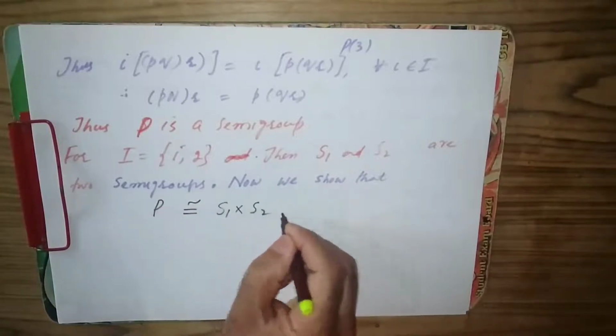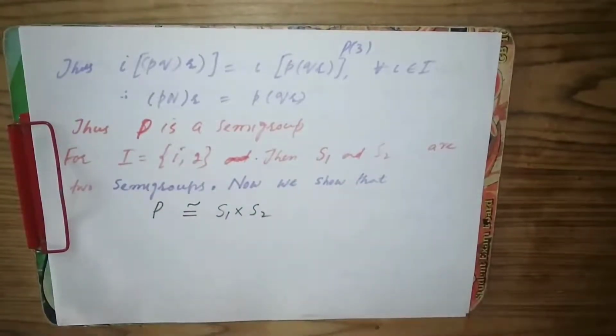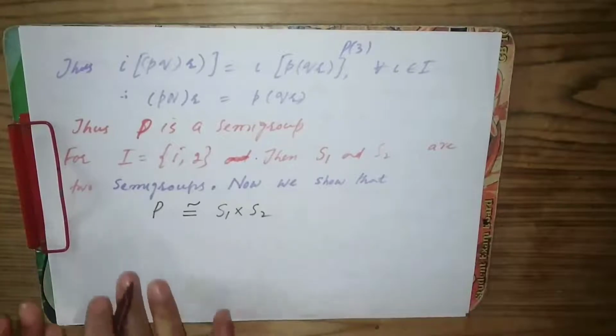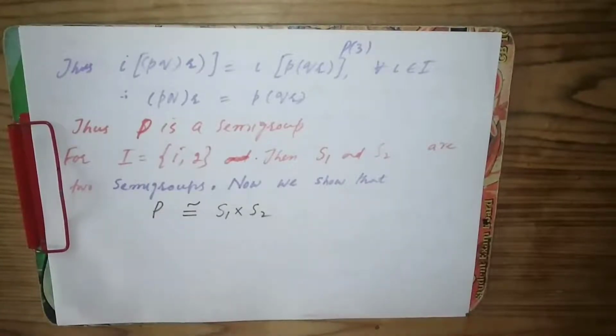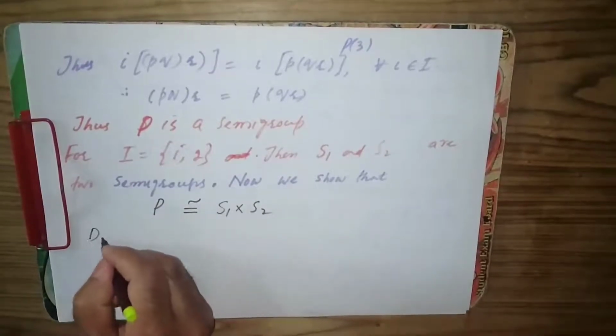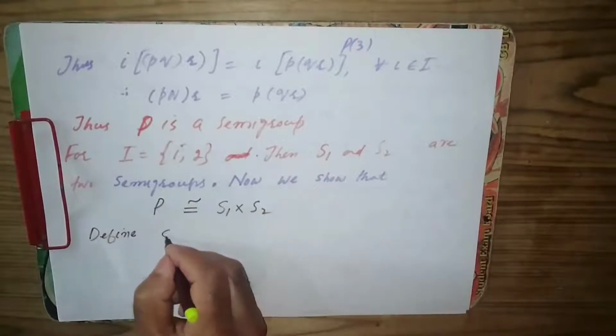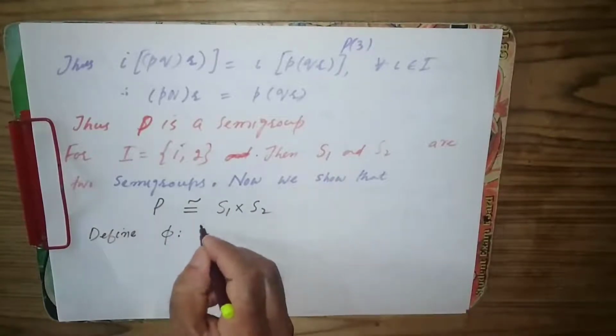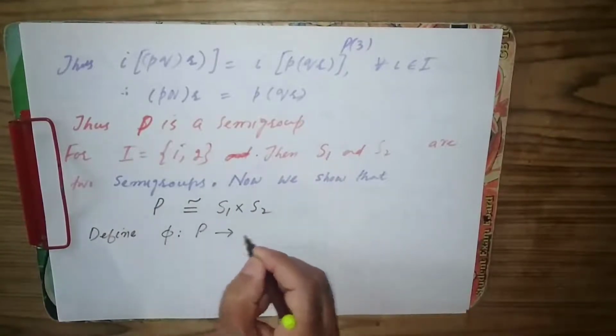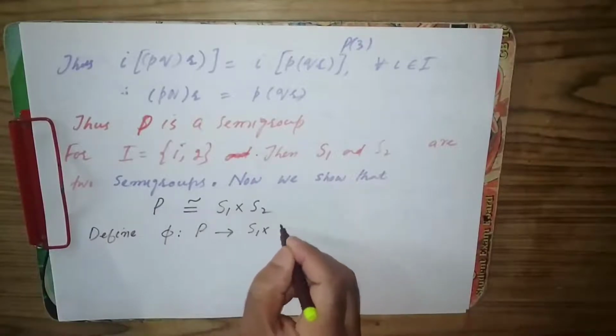Both are semigroups, and we will show that they are actually the same, isomorphic to each other. For this I need to define a map from P to S1 cross S2, and that map should be an isomorphism. So let's define a map phi from P to S1 cross S2.